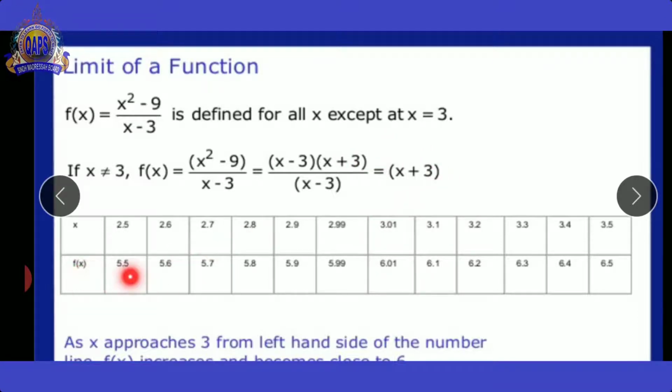So this function creates values depending on x. If we choose any value of x, then the outcome is determined by the function. Here is the table of the values of x and the function f of x.